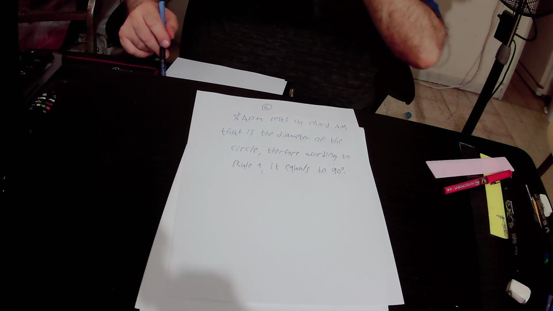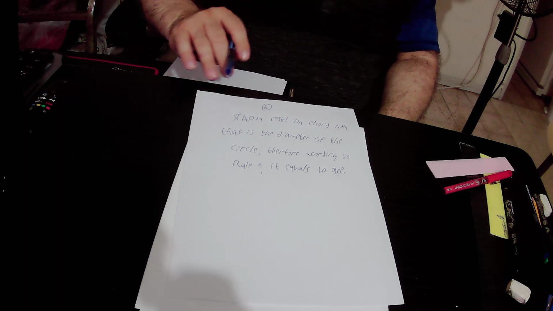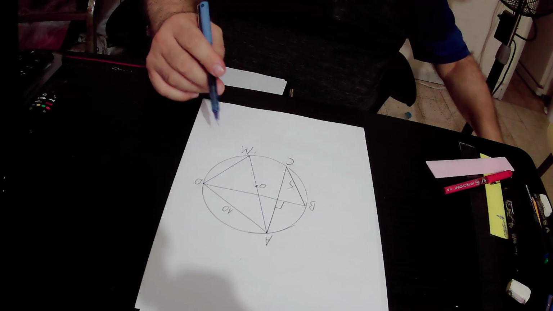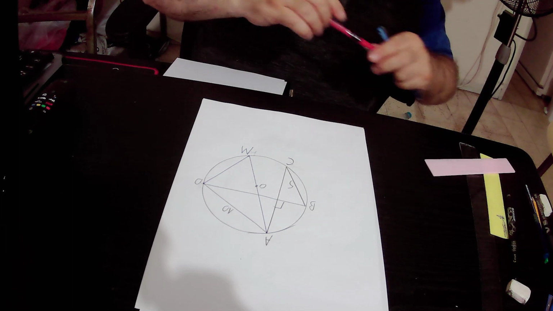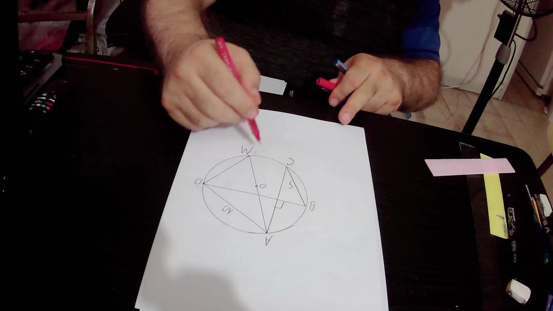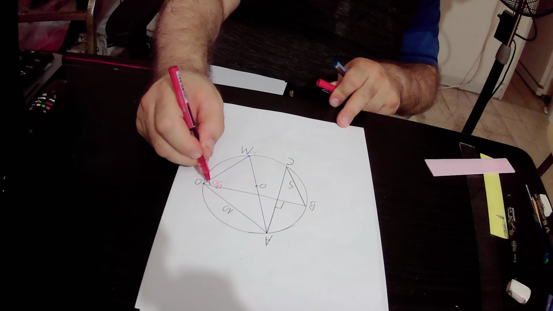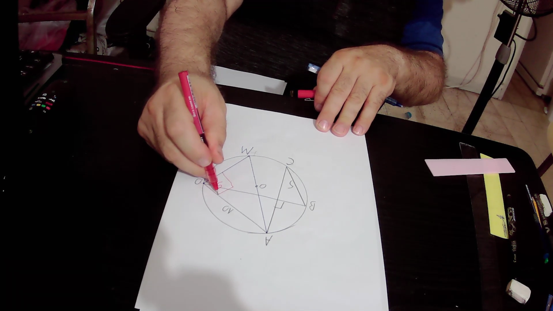Therefore, according to rule number 1, it equals to 90 degrees. So this angle ADM equals to 90 degrees.